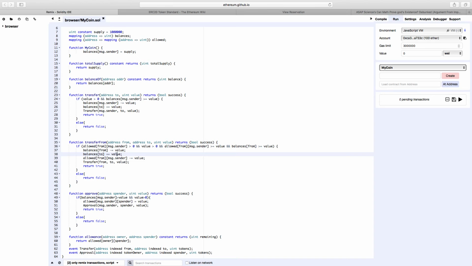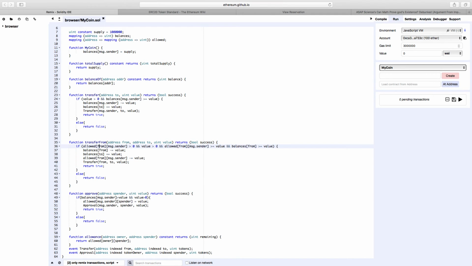What this has also done is that now the spender is allowed to spend less money because he has already spent some of his quota. So the allowed balance will be subtracted by value. So now the transfer has taken place. But this hasn't been logged on the Ethereum blockchain, so we would do that by triggering the transfer event, and if all this has happened, we return true.